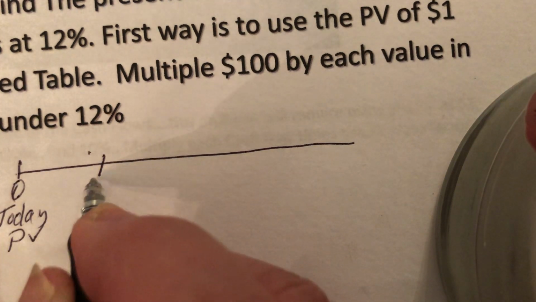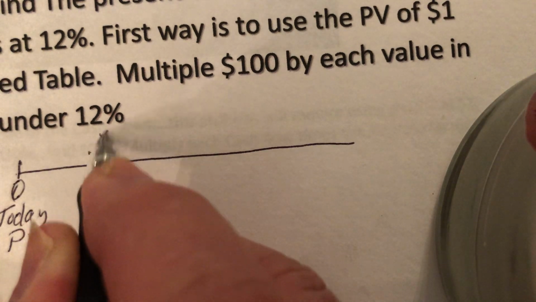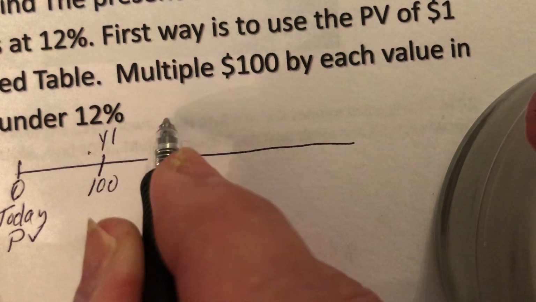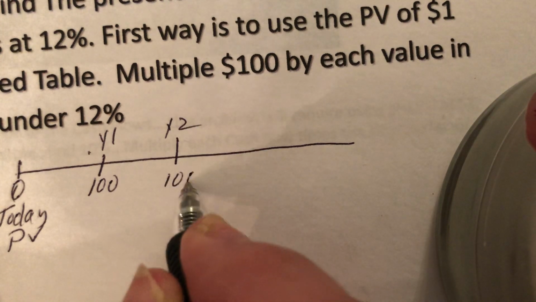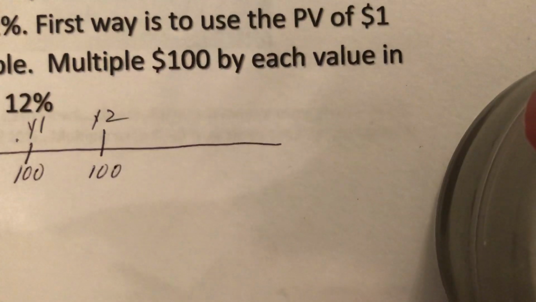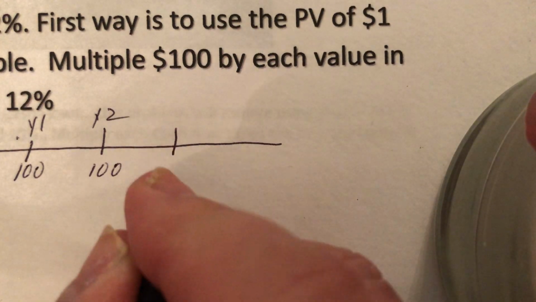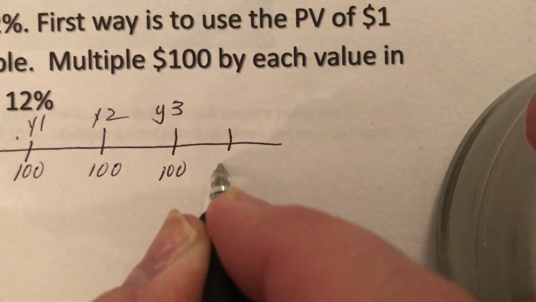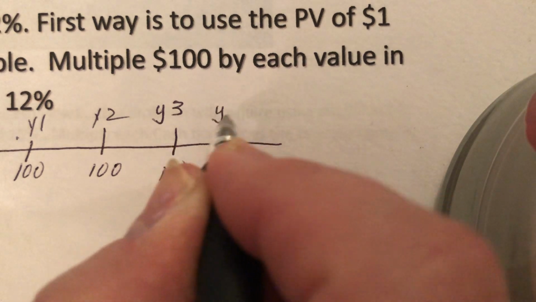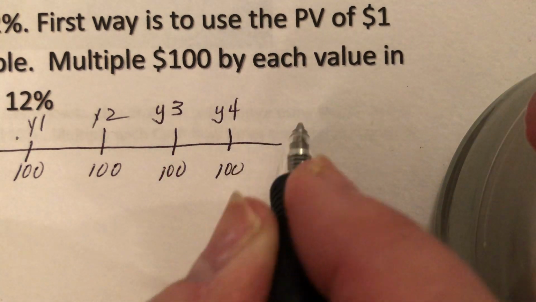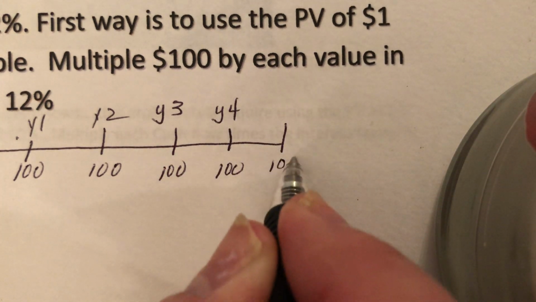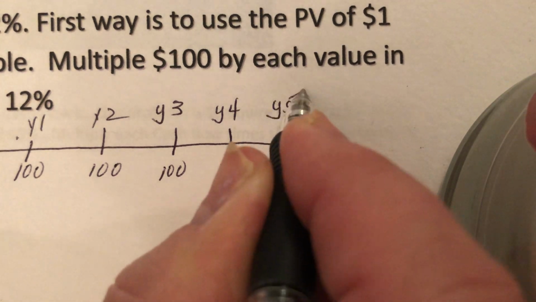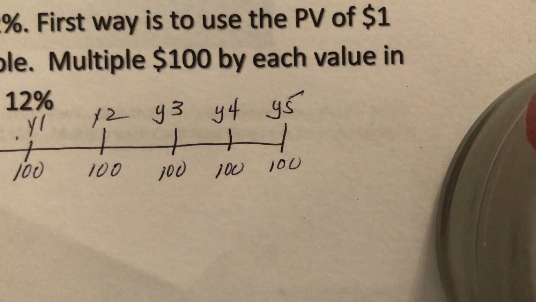This lottery is going to pay you $100 in year 1. In year 2, you're going to get another $100. In year 3, you're going to get another $100. Year 4, you get another 100, and then at the end of 5 years, you'll get another 100.